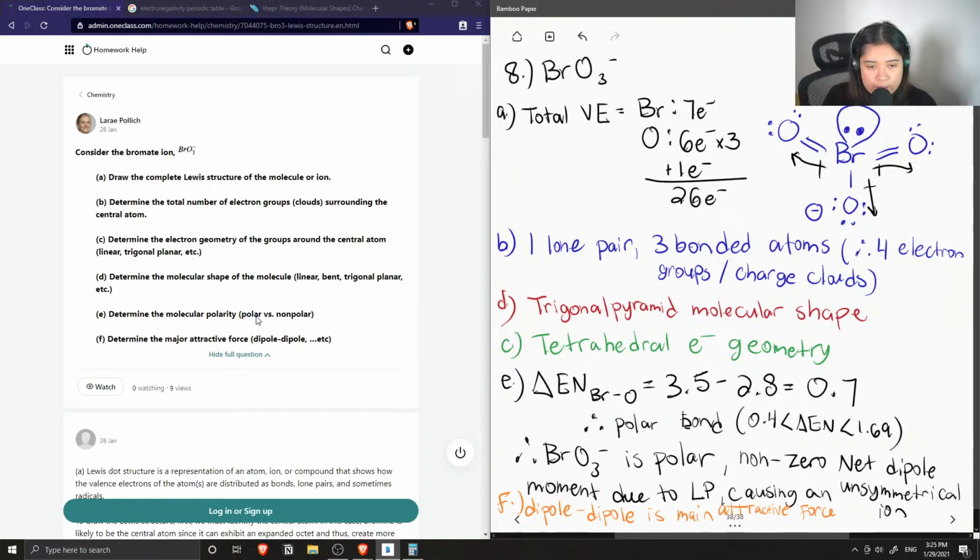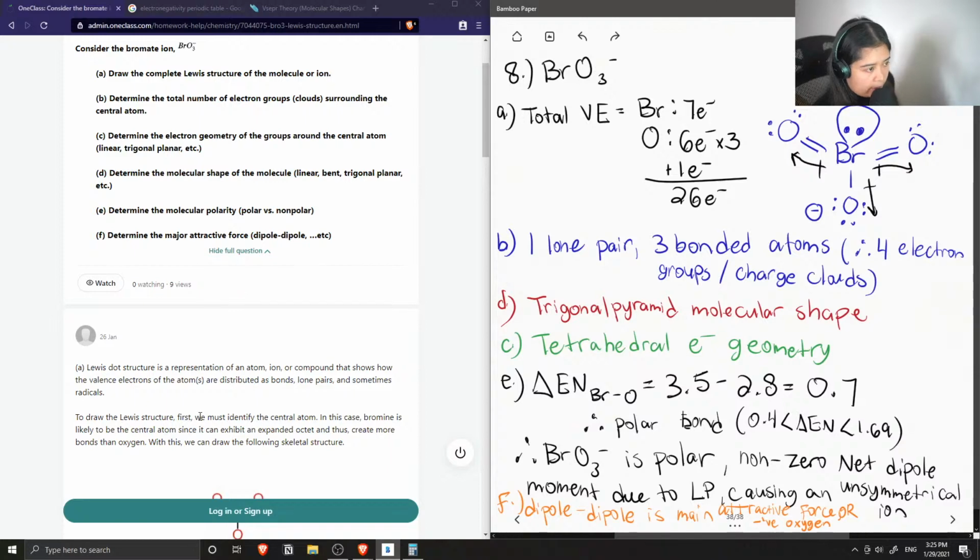Maybe even the negative charge on oxygen as well. So I'm just going to also put or the negative oxygen. See if I can kind of fit it at the bottom. So I'll just circle this as well. This can also be the main attractive force.